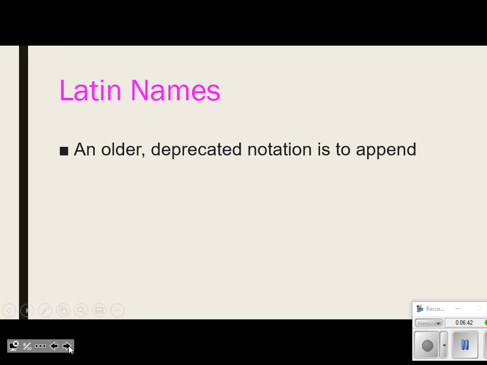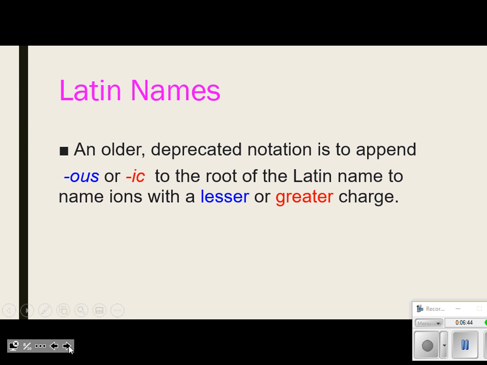So you can see, the OUS ending there on the very right-hand column. So these Latin names are older, deprecated notation that has an OUS or an IC added on to the root of the Latin name. OUS is the smaller of the two.